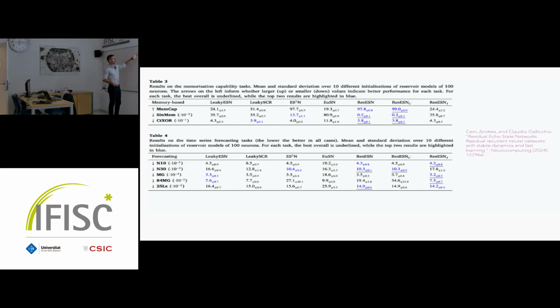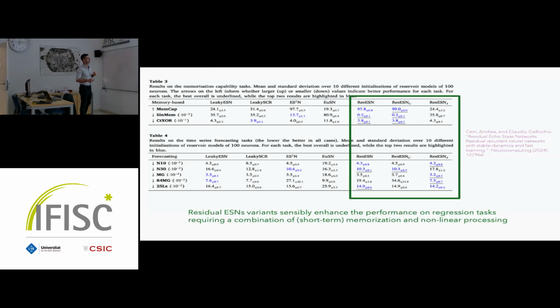And these are the usual suspects that are used in reservoir computing: NARMA, Mackey-Glass, Lorenz, etc. So residual echo state networks and variants that we have analyzed in a few papers give the best performances in these cases, right? Compared to conventional, let's say, leaky ESN or variants of that.